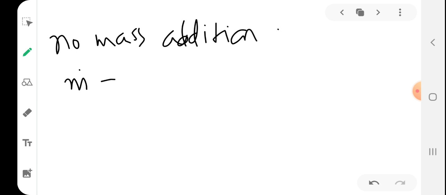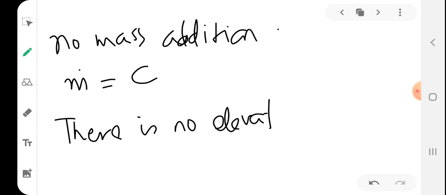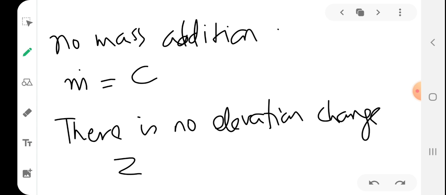There is no elevation change. Elevation change means the entry and exit are at the same level, that is Z is a constant, Z1 is equal to Z2.